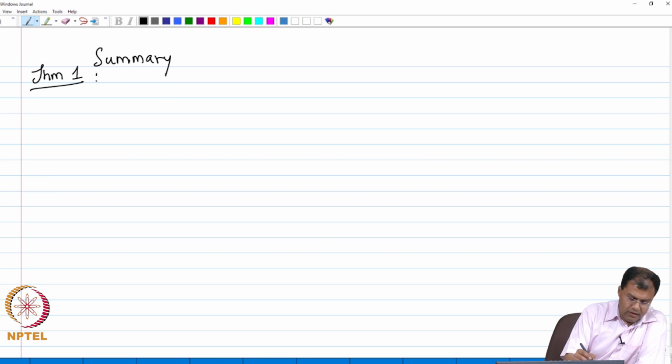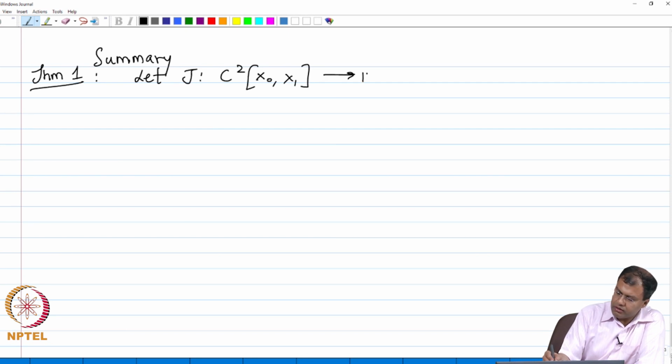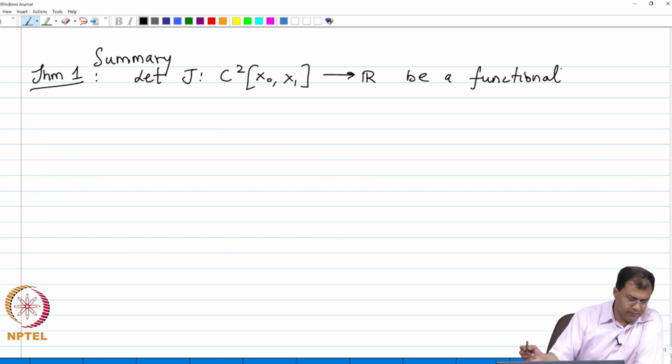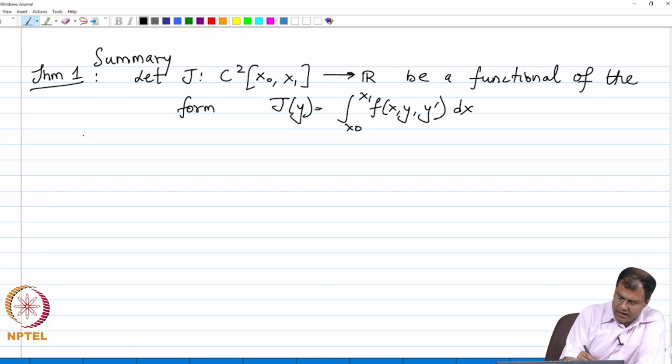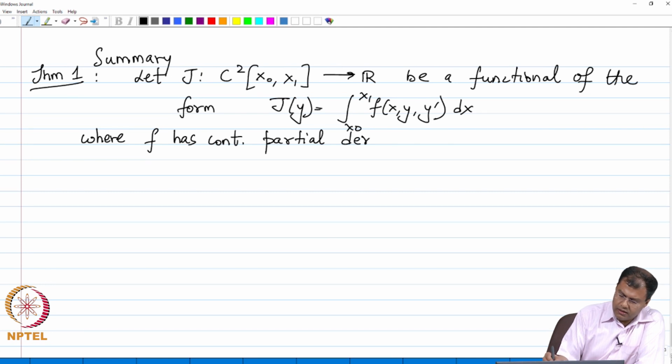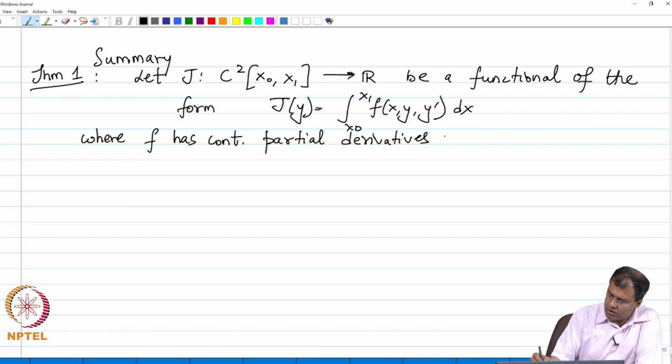So, the result says that suppose I have a functional which is a map from the set of all second order differentiable functions to the space of all real numbers, of the form J of y is equal to the integral from x0 to x1 of f of x, y, y prime dx, where f has continuous partial derivatives of second order.